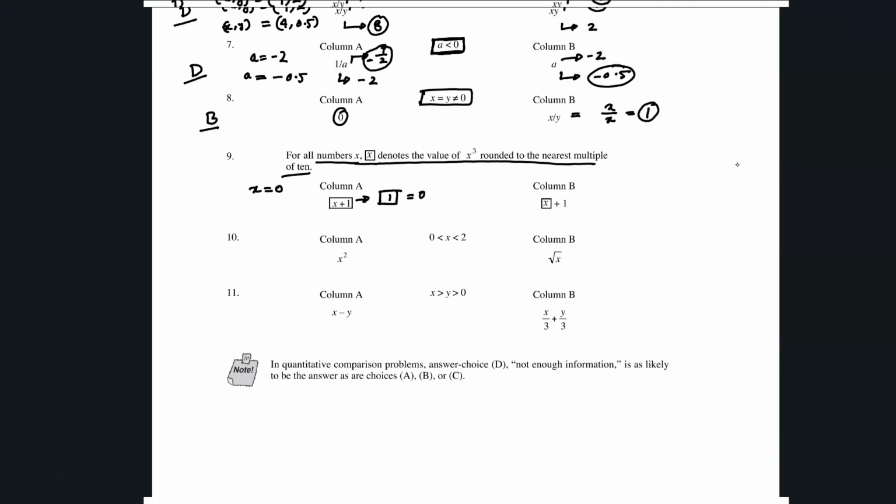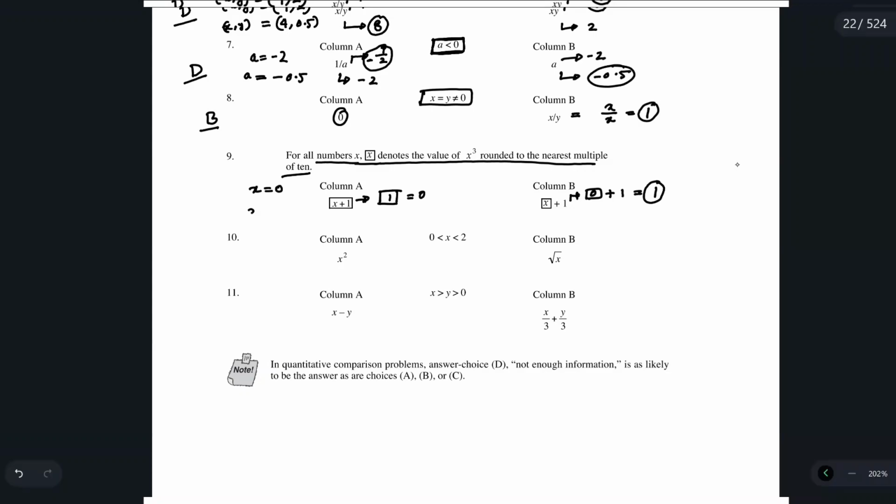For column B, if we use x equals 0, we'll have box of 0 plus 1, and 0 cubed is 0. The nearest multiple of 10 is also 0, and 0 plus 1 would be 1. We know that here column B has a higher value than column A.